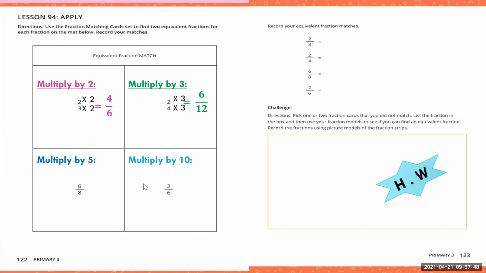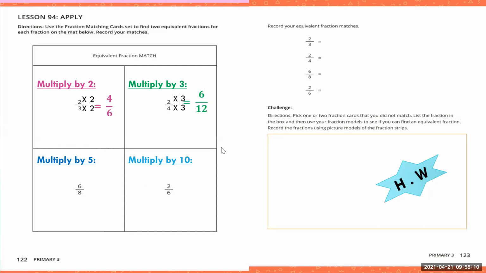Okay, let's continue. I have here 6/8, and I want to find the equivalent fraction. I will multiply by 5. So I will multiply up and down by 5. 6 times 5 equals 30.